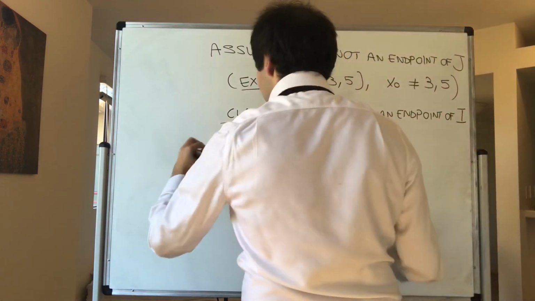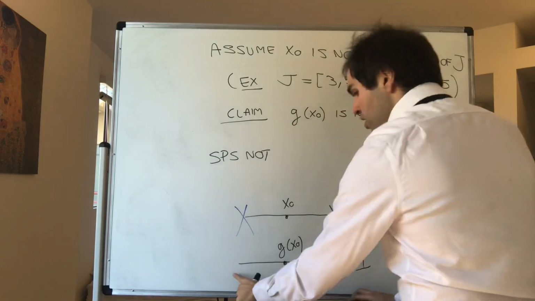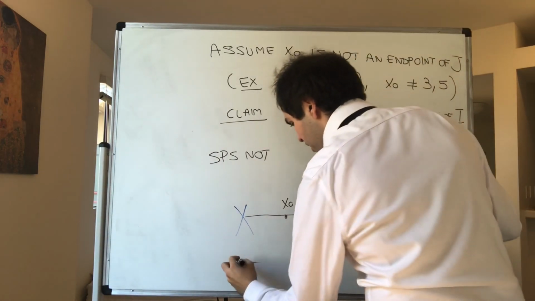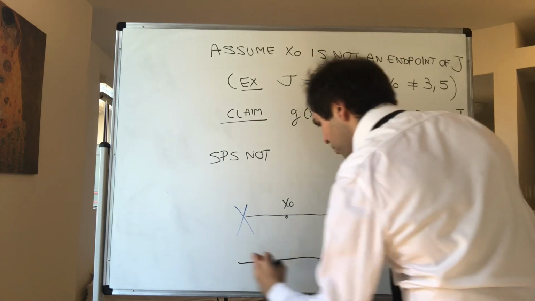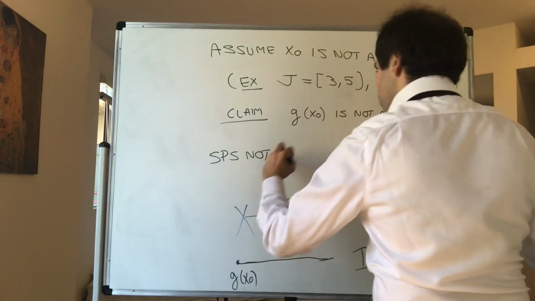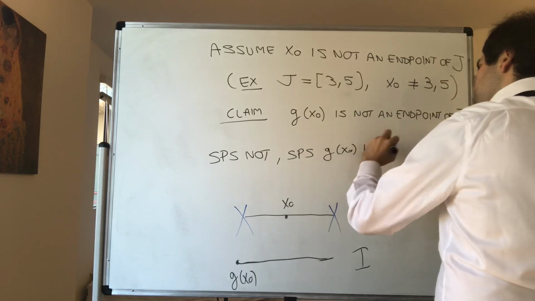Suppose not. In particular, suppose for instance that g of x naught is the left endpoint. Again, super similar for the right endpoint.